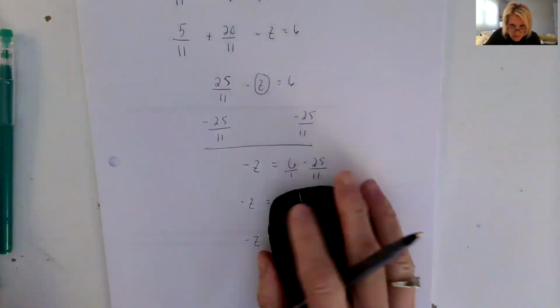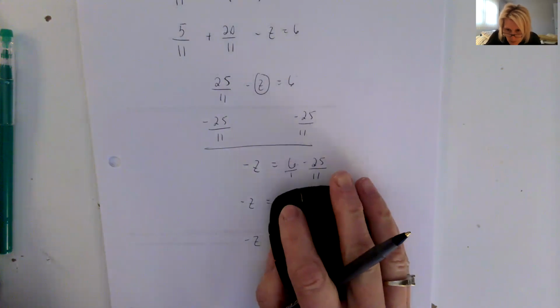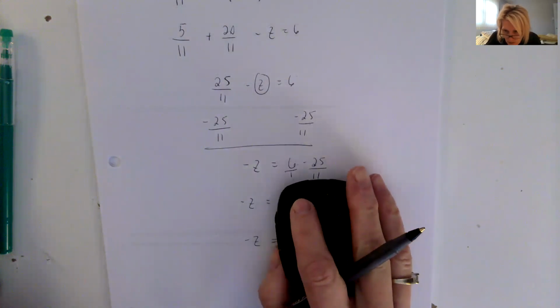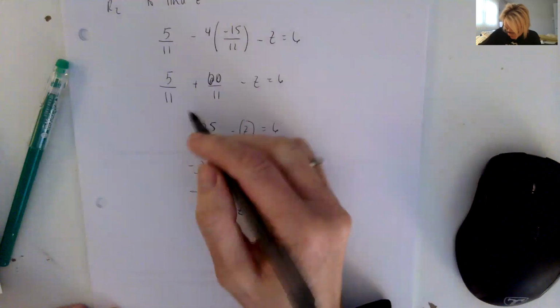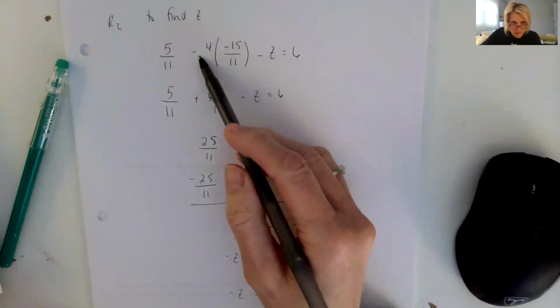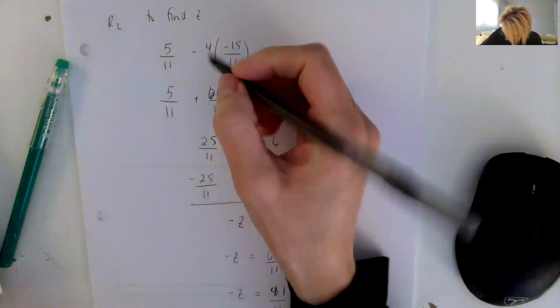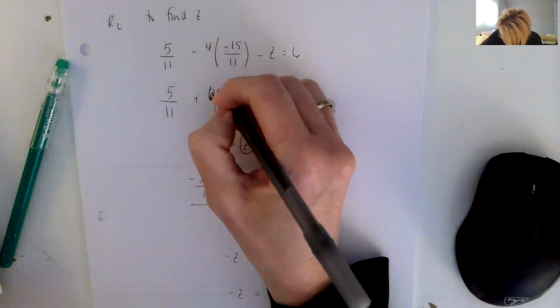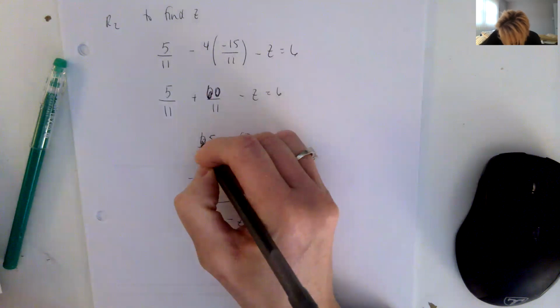So let me pause this for a moment. There's my mistake right here. I don't know why I put 20 here. When we multiply the negative 4 times the negative 15, it is a positive 60/11. So that would be 65/11.